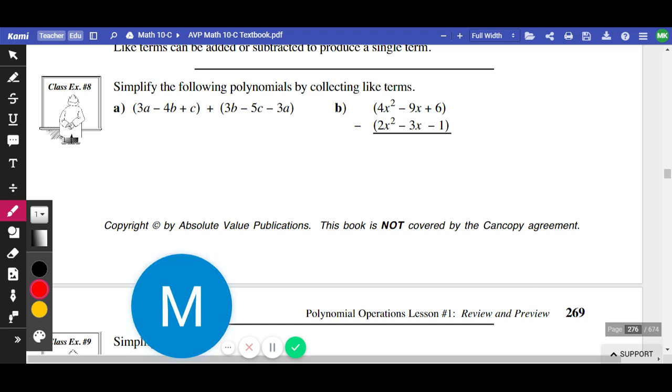If I look at a big question like this, it is a trinomial plus another trinomial. I look at my A's first, and I'm going to underline them with these little waves. I have 3A and a minus 3A. The way I like to think about this is that A means something, typically food, so I would say cookies.